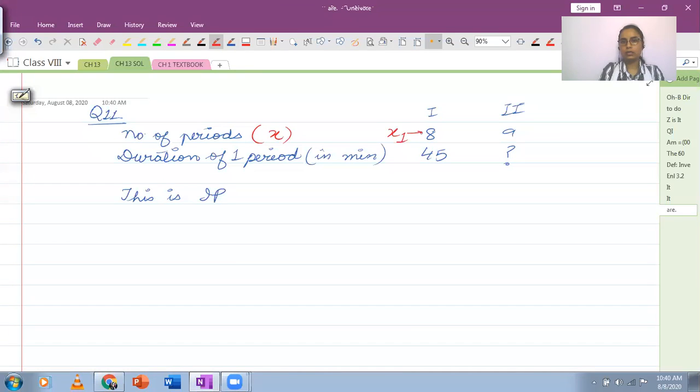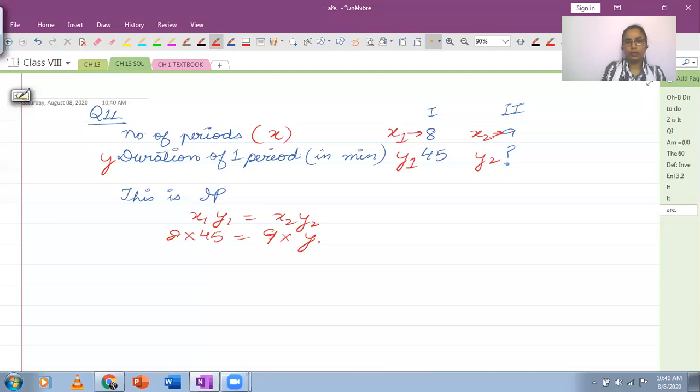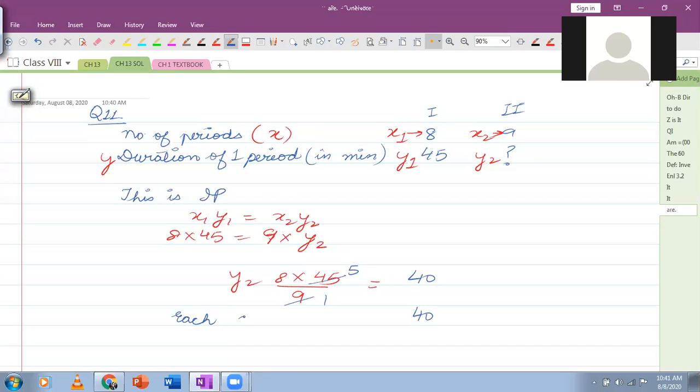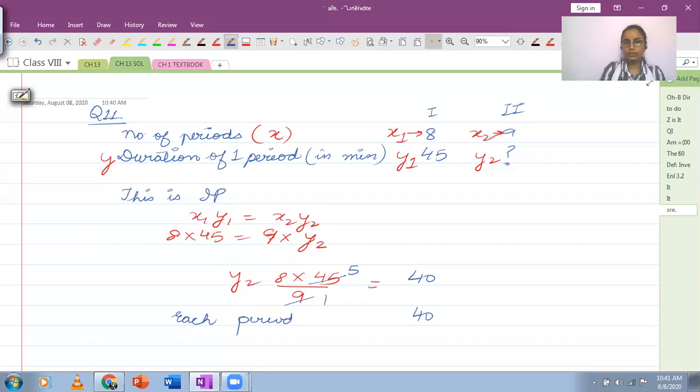So this will be x1, this will be x2. If I take the time as y, this will be y1, this will be y2. So x1 y1 should be equal to x2 y2. We have 8 multiplied by 45 equals 9 multiplied by y2. So solve it to find out the value for y2. Yes, that's right.